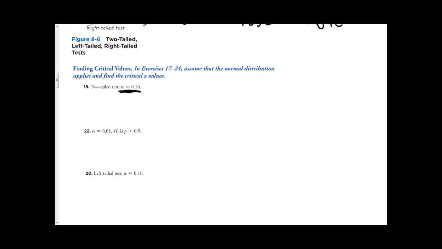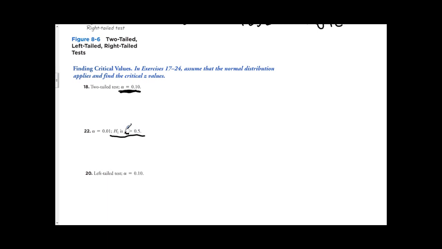So down here, alpha in this case is equal to 0.01, and the alternative hypothesis is that p is greater than 0.5. Now, why do they tell us that? Well, the alternative hypothesis is what actually tells us where the tail is.